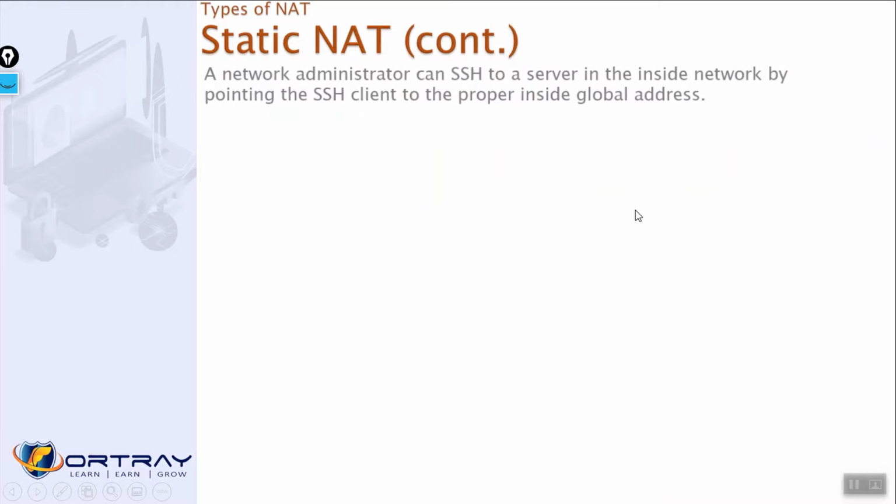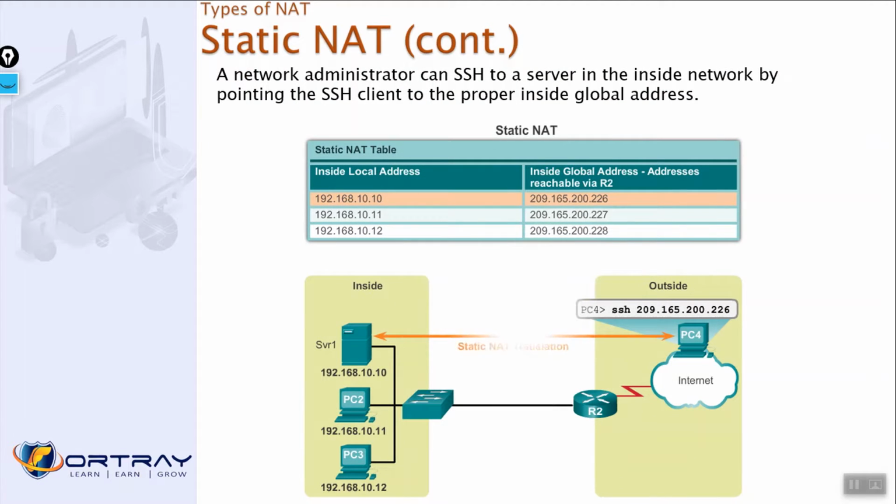Okay. So, for example, here you can see a network administrator can SSH to the server inside the network by pointing the SSH line to the proper inside global IP address, because they are one-to-one mapping. Let's say you are sitting at home and you want to SSH to this server.